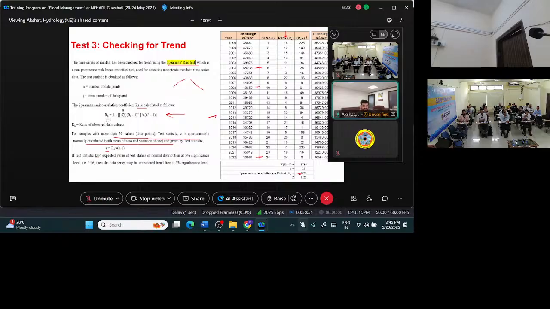Now the test says for samples with more than 30 values. Here we have 24 values only. However, we use this test because we have no other robust test to compute the trend. So the Z came out to be 1.22, which is less than 1.96. So the data series was considered trend free at the 5% significance level.